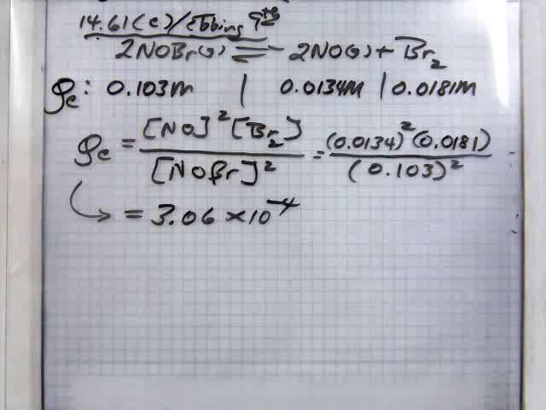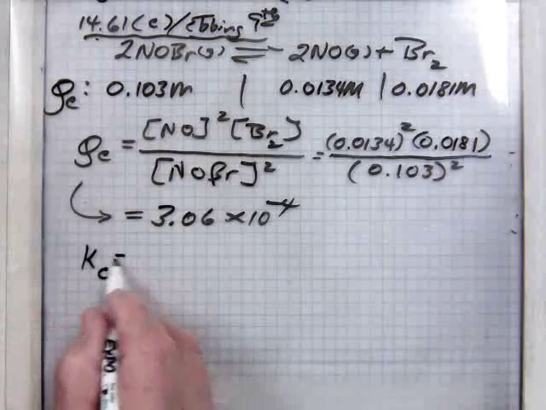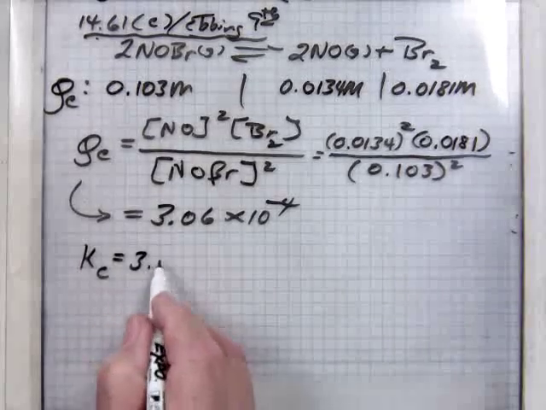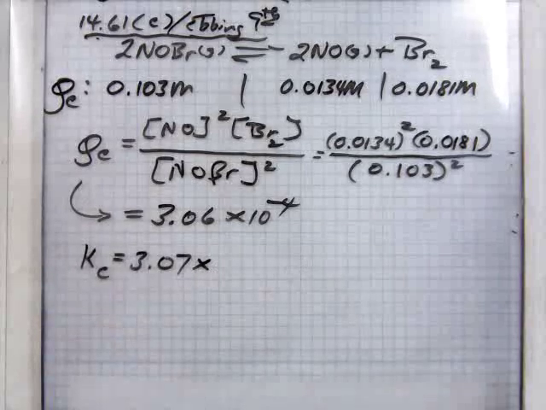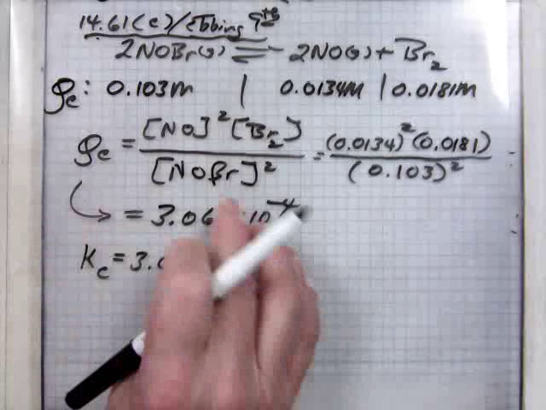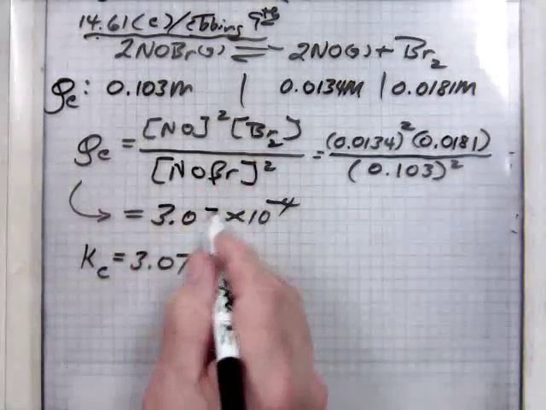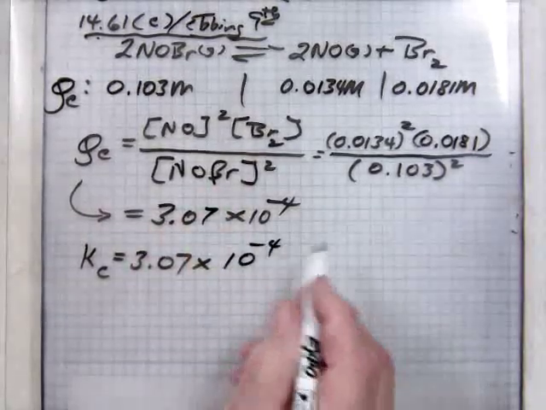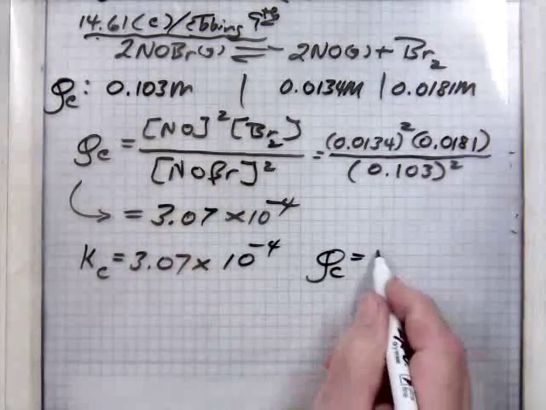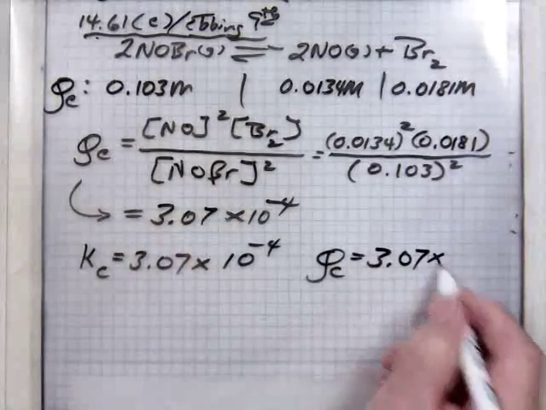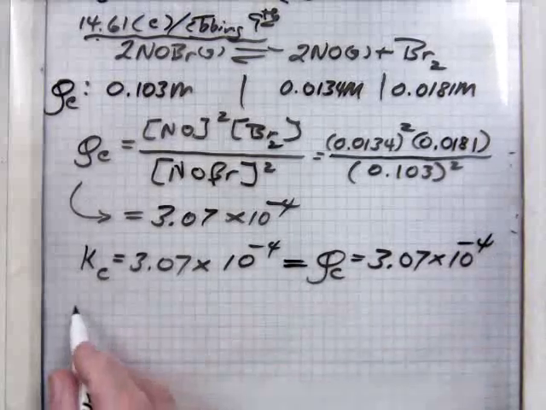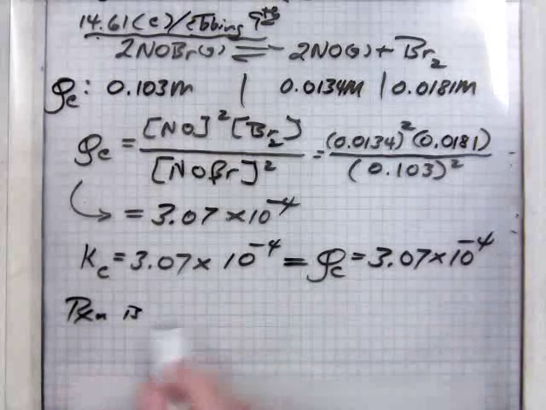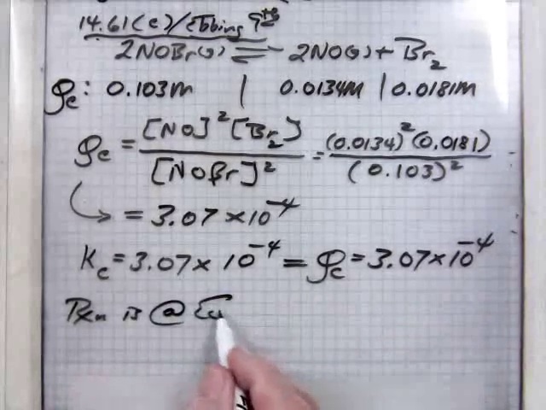Well, in the problem, again, we're given the KC to equal 3.07 times 10 to the minus 4. QC turns out to be the same number, times 10 to the minus 4, so they're equal. So the reaction is at equilibrium.